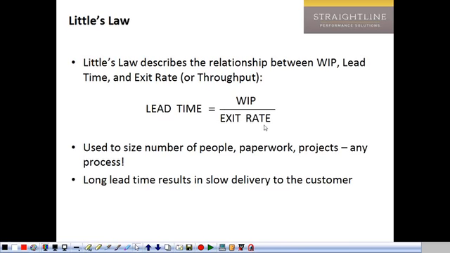You can either increase the rate of throughput, that is the amount of stuff that you get through per unit time, or decrease the amount of WIP that's in the process. This is something that people don't often think of, that is to decrease the amount of WIP. If we decrease the amount of work in progress, we can very often decrease the amount of time that it takes to deliver to a customer.